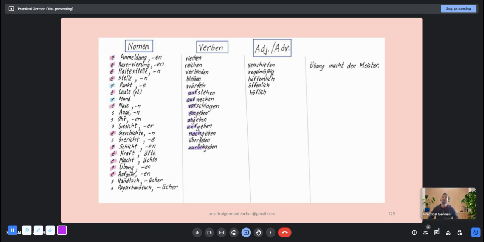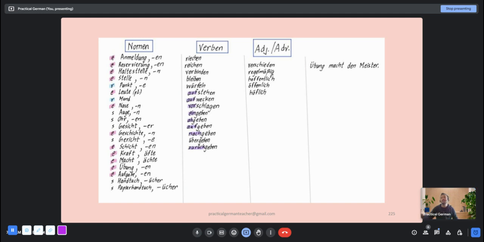Die Geschichte, die Kraft, which is like the normal craft, right? It means power. Kraft and Macht both mean power, but Macht is like the power a politician must have.